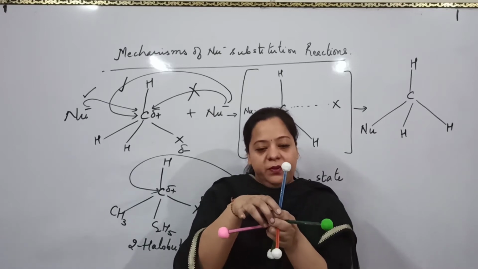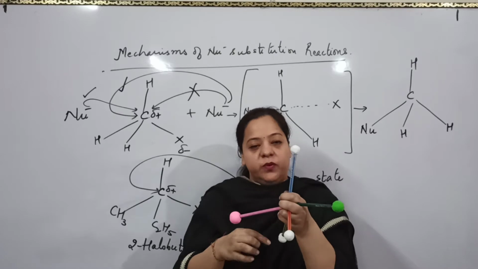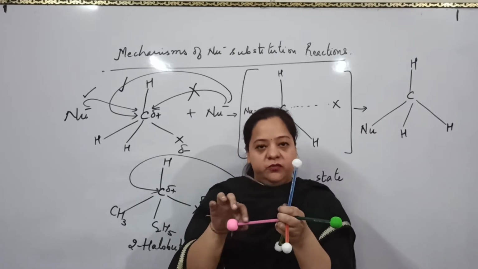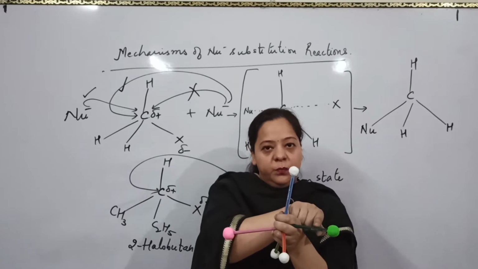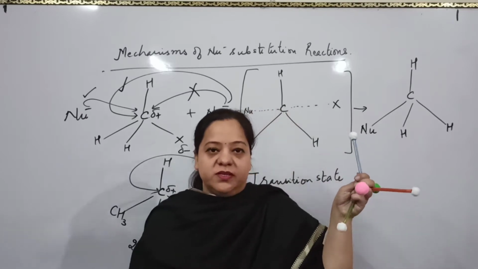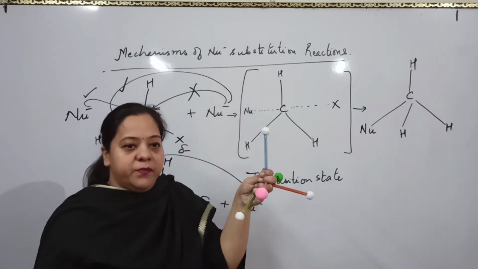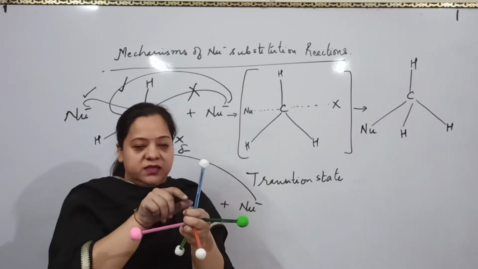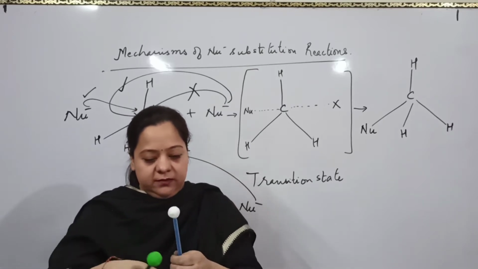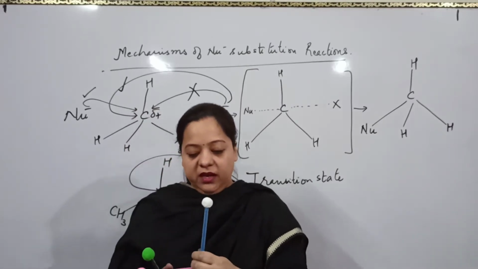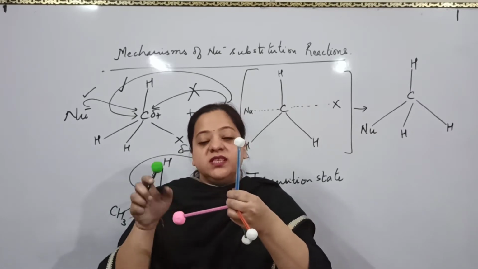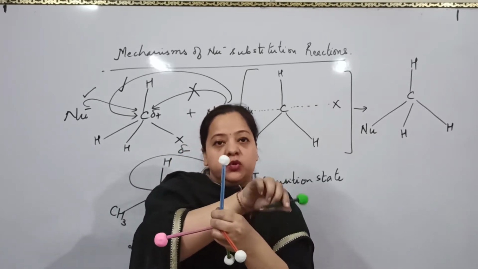Here the central carbon atom is surrounded by 3 H atoms, the incoming nucleophile, that is bond formation, and the leaving group, that is bond breaking. In this 5-membered transition state, when the bond formation and bond breaking are complete, the leaving group leaves and the incoming nucleophile occupies the position which is a mirror image position to this leaving group.